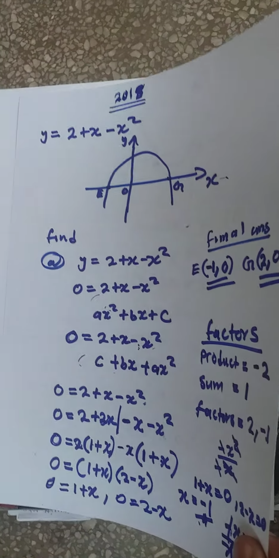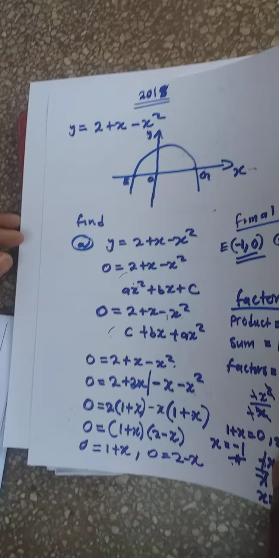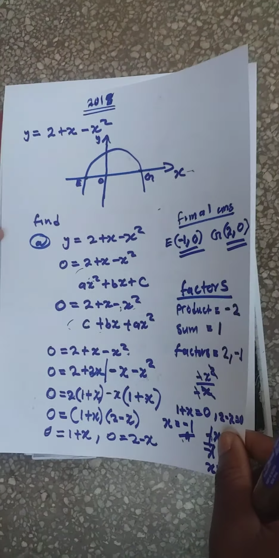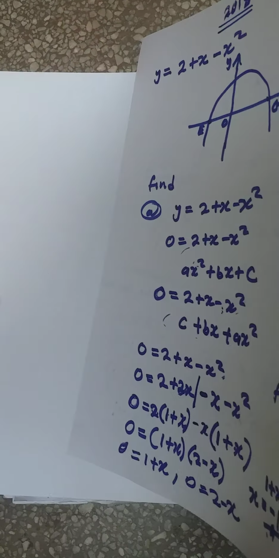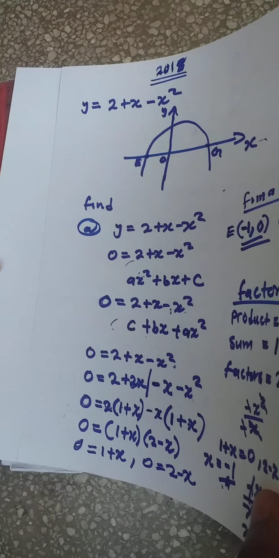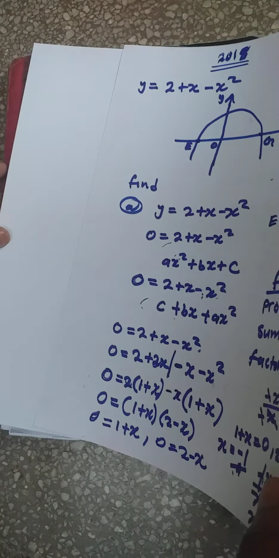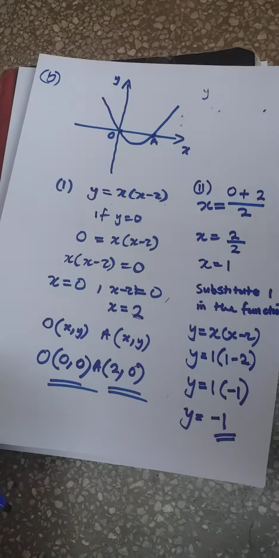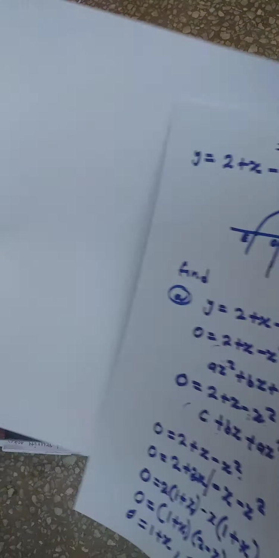Then going further to find the maximum value of y, the second question says what's the maximum value of y? Like we solved in the previous, we said the maximum value or minimum value means the y value for the turning point. So that's what we are going to try to solve now.